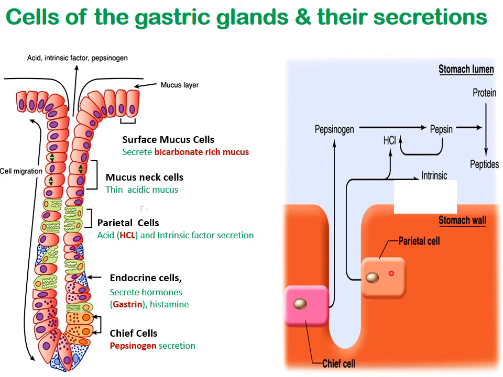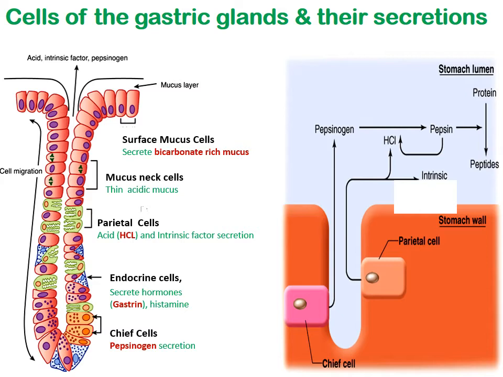HCl is again secreted by the parietal cells. So parietal cells secrete HCl and also the intrinsic factor. And what is the intrinsic factor doing? Intrinsic factor is required for vitamin B12 reabsorption, right? So that will be happening, vitamin B12 absorption. So these are the functions of various cells. You need to know the functions of each of these cells.